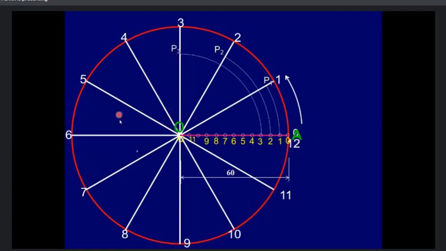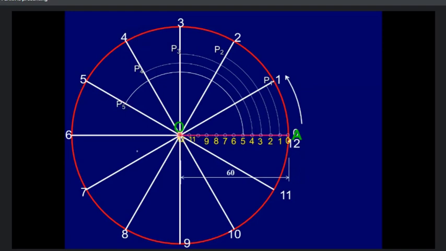Consequently, to find all the other positions, the same process is to be repeated. Take center as O, radius equal to O4, mark an arc till O4, where you get P4. Then take center as O, radius equal to O5, mark an arc till O5, which will give P5.